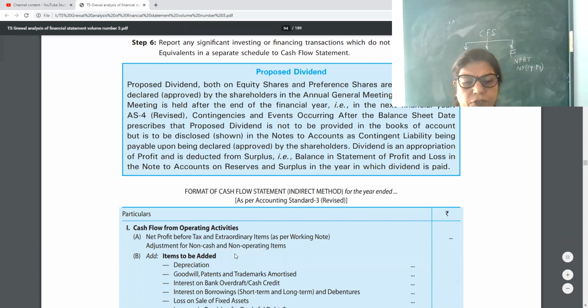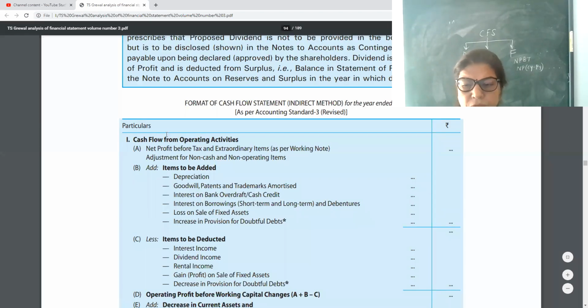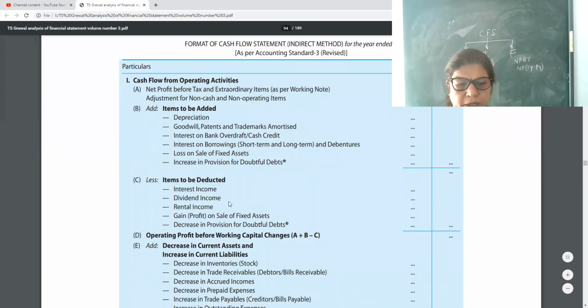Clear? Now see, first activity, operating activity. First we calculate NPBT, net profit before tax and extraordinary items, which I show you through working note. Then these are adjustments to be added, these are adjustments to be deducted.